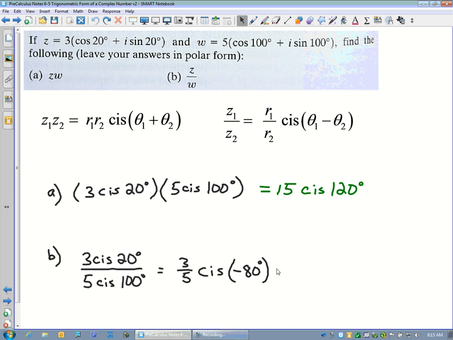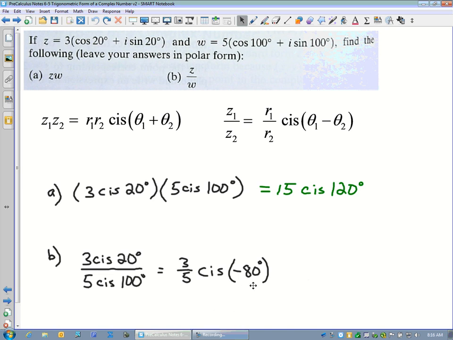Now, getting here was straightforward, but now you have to remember that we do have restrictions on our polar form. We want our magnitudes to be positive, we want the radius to be positive, and we want this angle to be between 0 and 360, or 0 and 2 pi if you're dealing in radians.